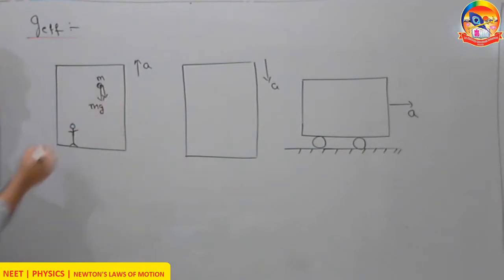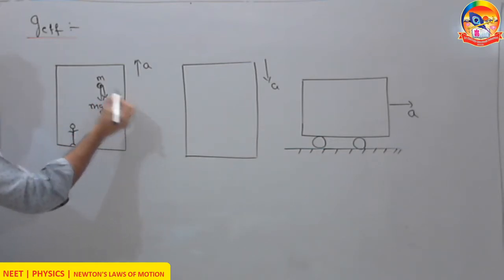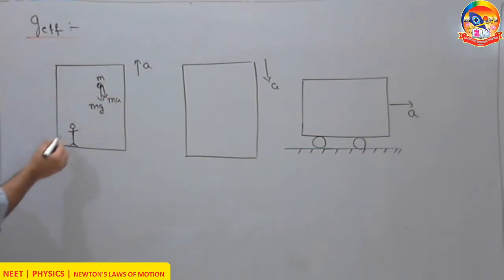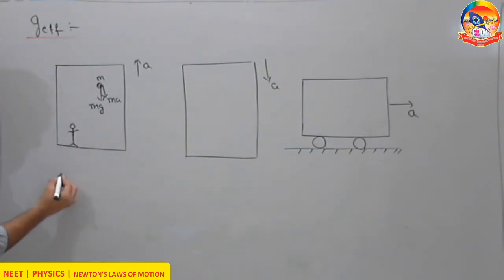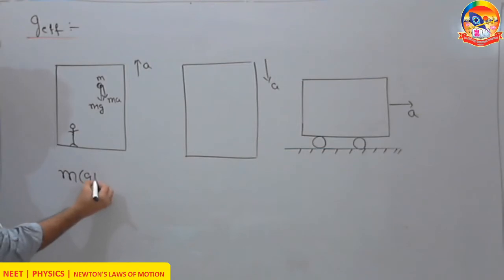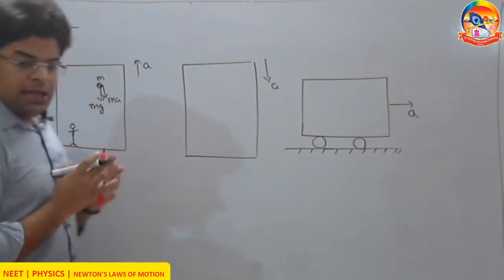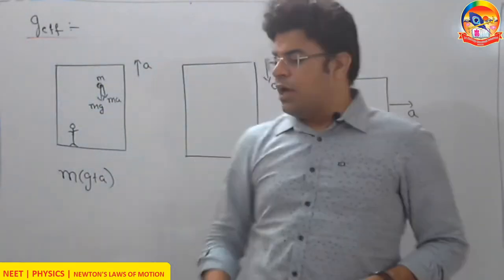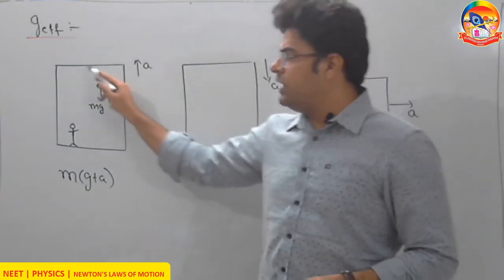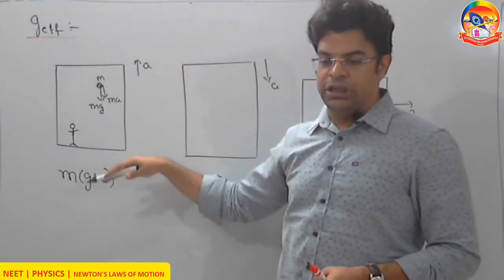Remember how much pseudo force has to be applied? Mass of the particle times the acceleration of the frame, in the direction opposite to the acceleration of the frame. So this person observes that the net force acting on this particle downward is m times (g plus a), as if the acceleration due to gravity inside this lift appears to be g plus a downward.